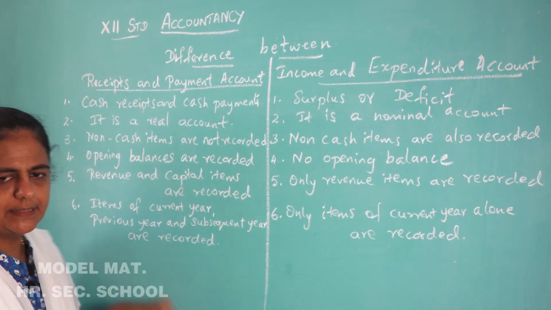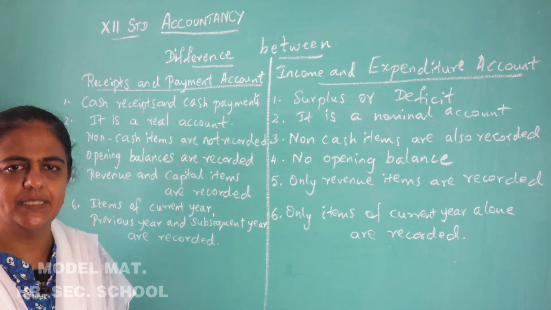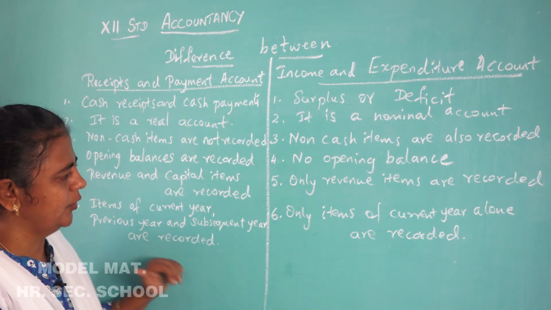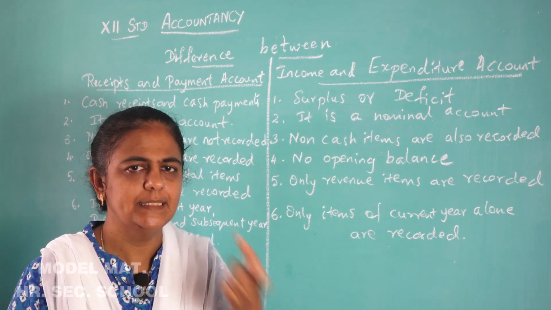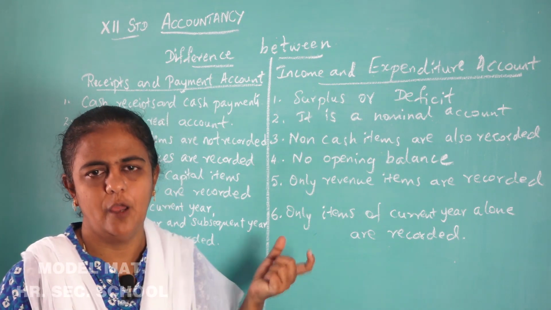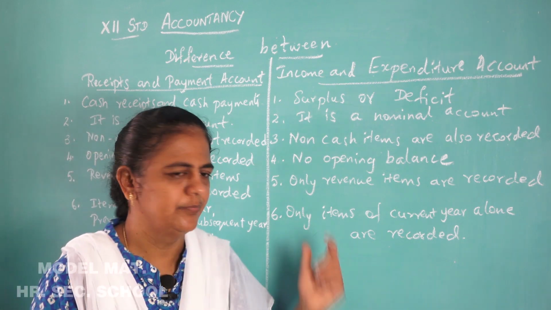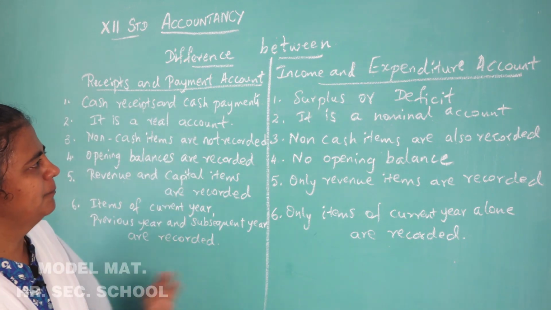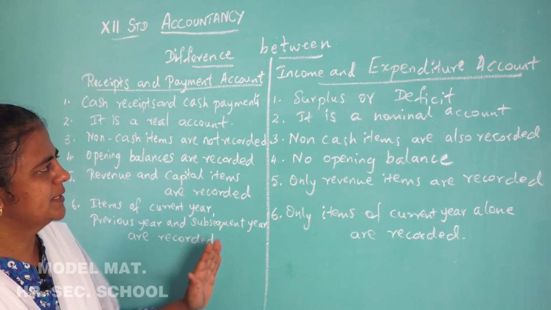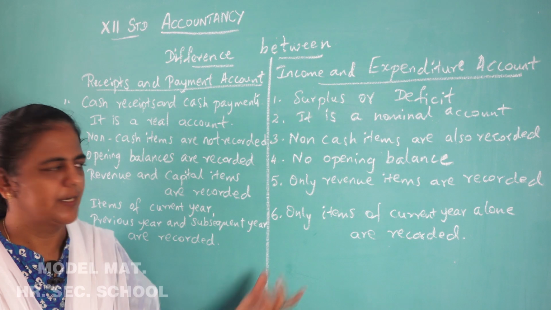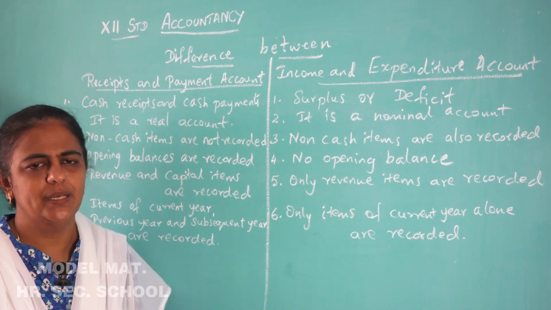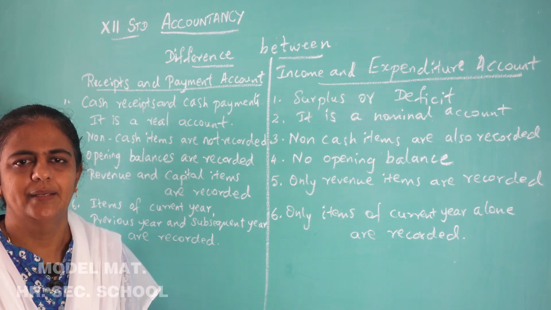Items of current year, previous year, subsequent year, everything is recorded here. But here only items which are pertaining to the current year alone are recorded. Hope you understood children. So this is the difference between income and expenditure account and receipts and payments account. If you understood the concept very well, then it is very easy to do the sums. Thank you.